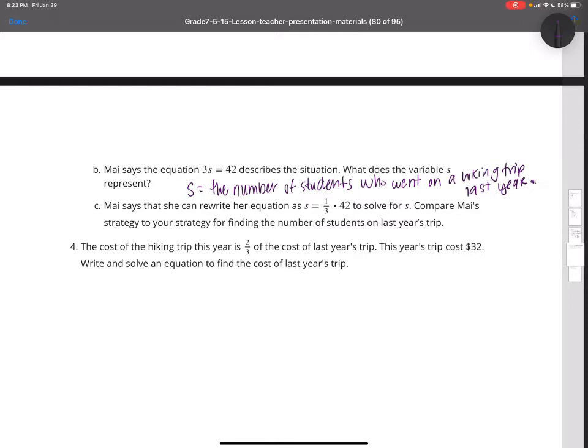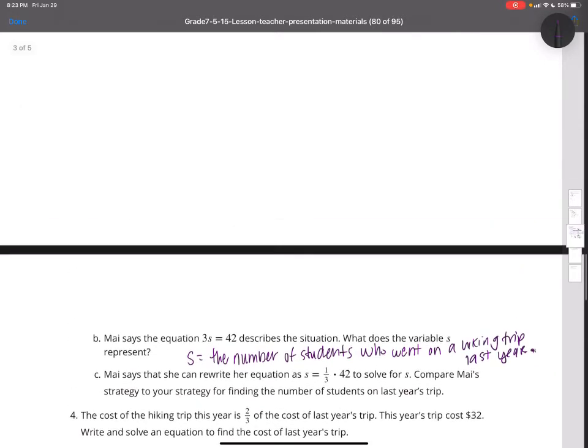All right. Now, part C says, May says that she could rewrite the equation as s equals 1/3 times 42 to solve for s. Compare May's strategy to your strategy for finding the number of students on last year's trip. Okay, so let's look at my strategy.